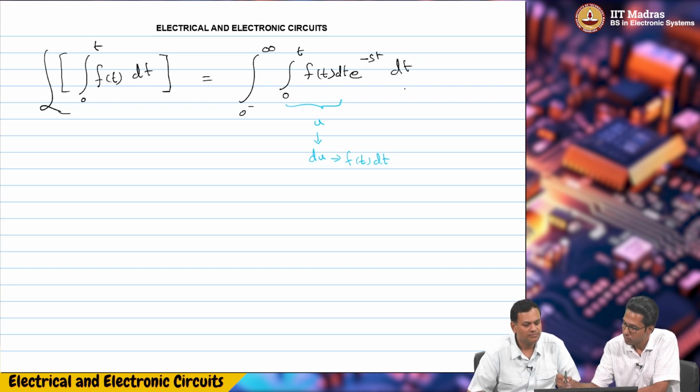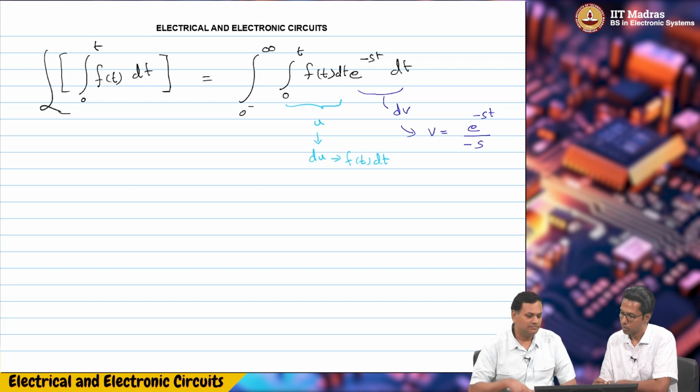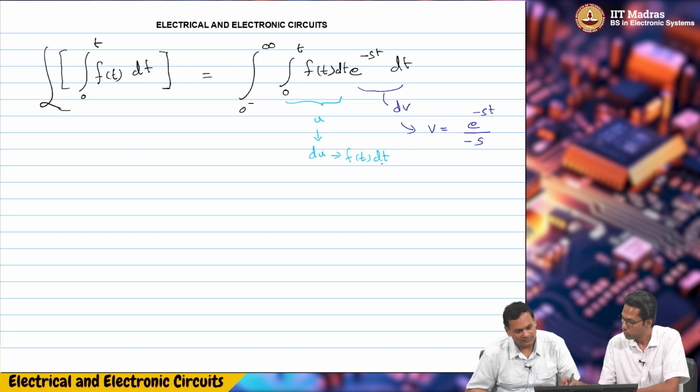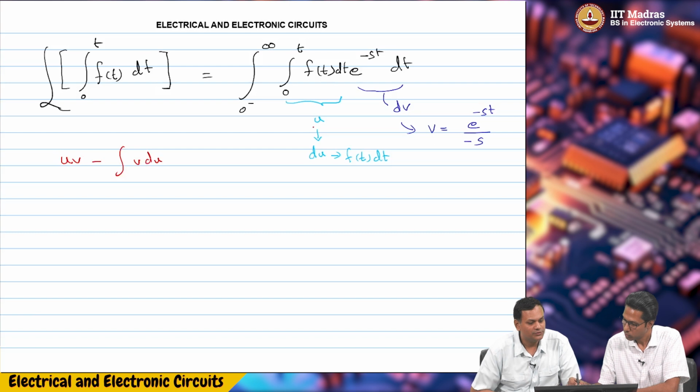And this is dv, so v will be e power minus st by minus s. Now we can do integration by parts: uv minus integral v du. That's what we need to find.